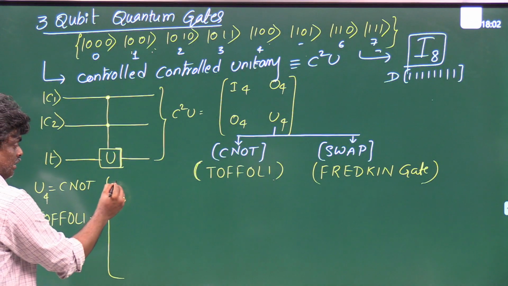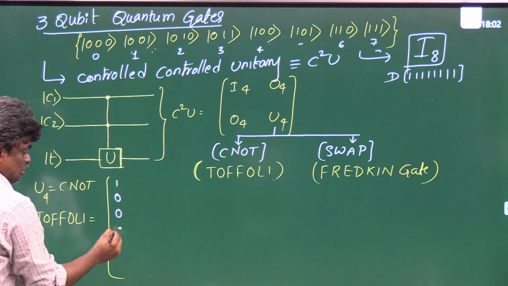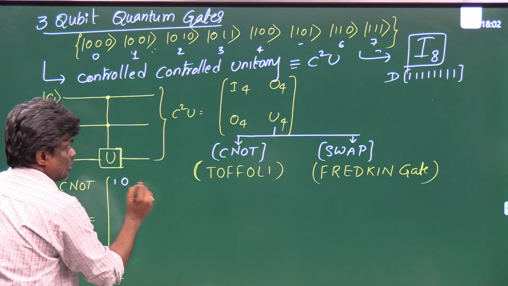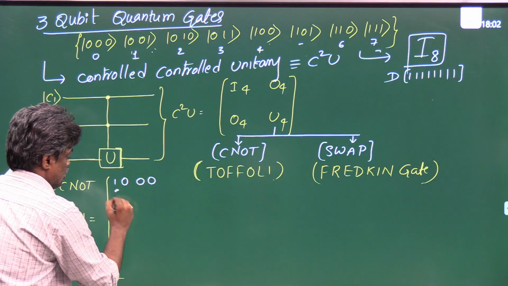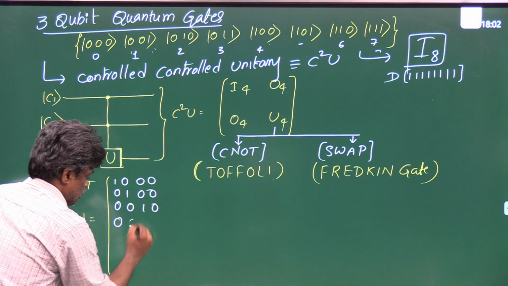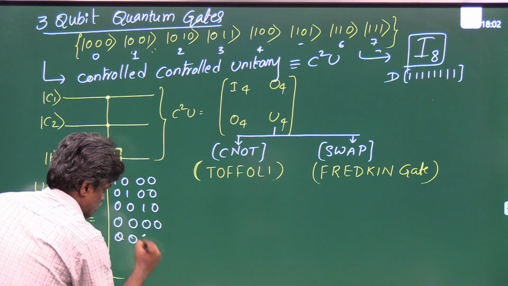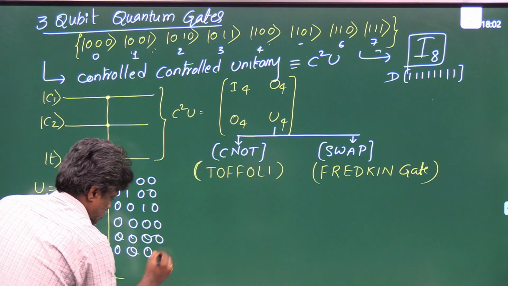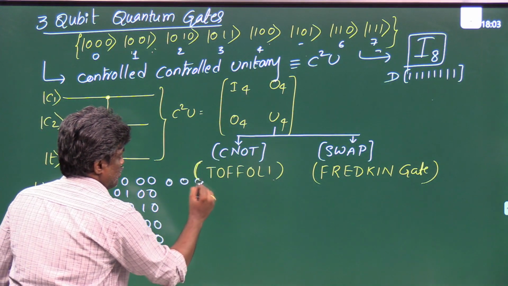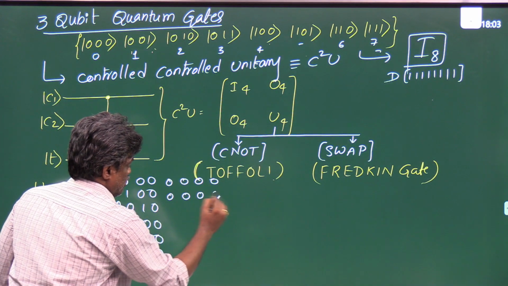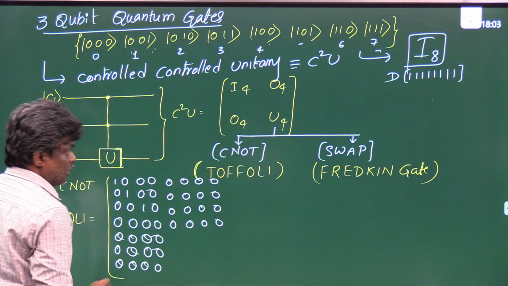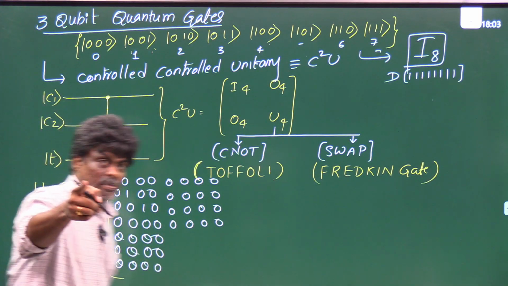Are you ready? 1 0 0, then I4, then 0 0 0 1 0 0 0 0 1 0 0 0 0. Just write one time.